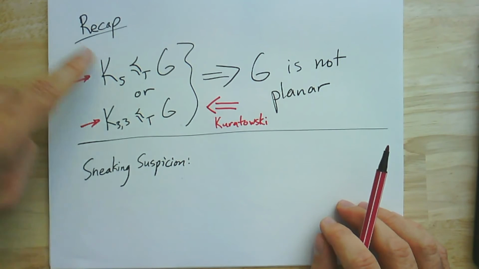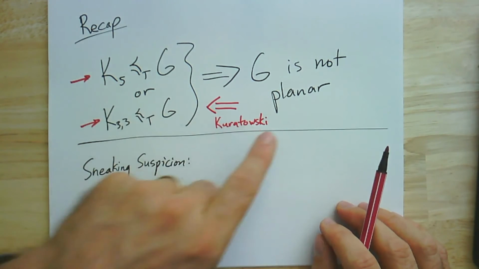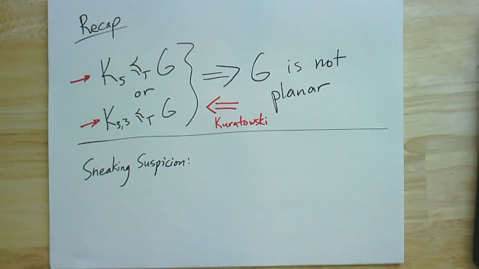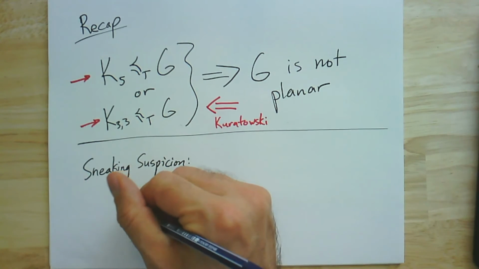It says now this property of being planar can be completely characterized in terms of forbidden topological minors. But there might be some sneaking suspicion that we should have been able to use minors and not require topological minors.